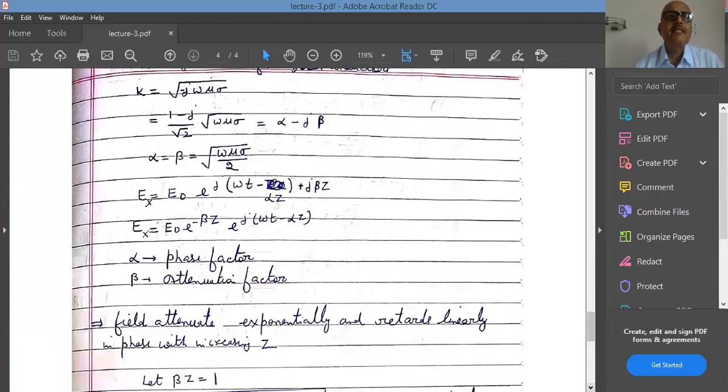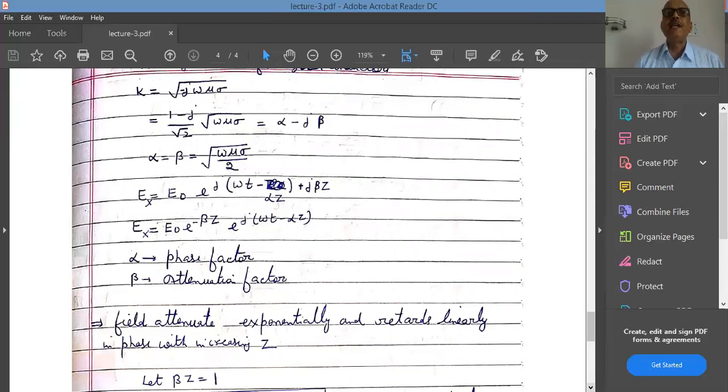So if you look at this term, Ex is equal to E0, e to the power minus beta z, e to the power of j into (omega t minus alpha z). As the wave propagates, as the value of z increases, the field attenuates exponentially and retards linearly in phase with increasing z.